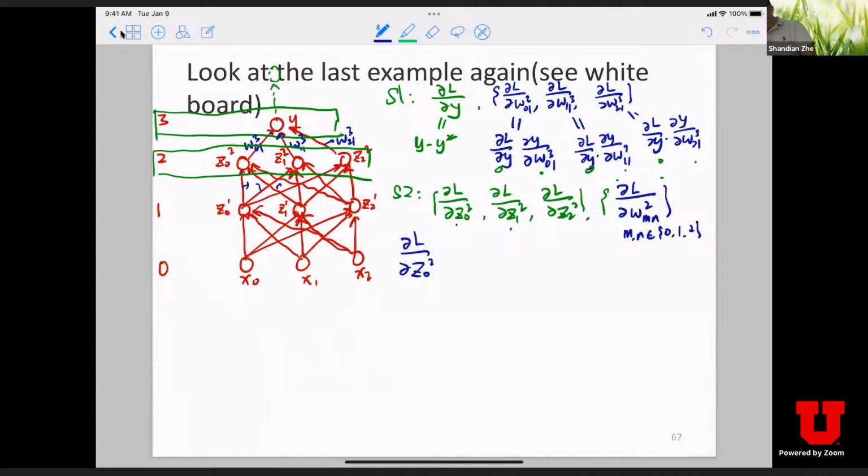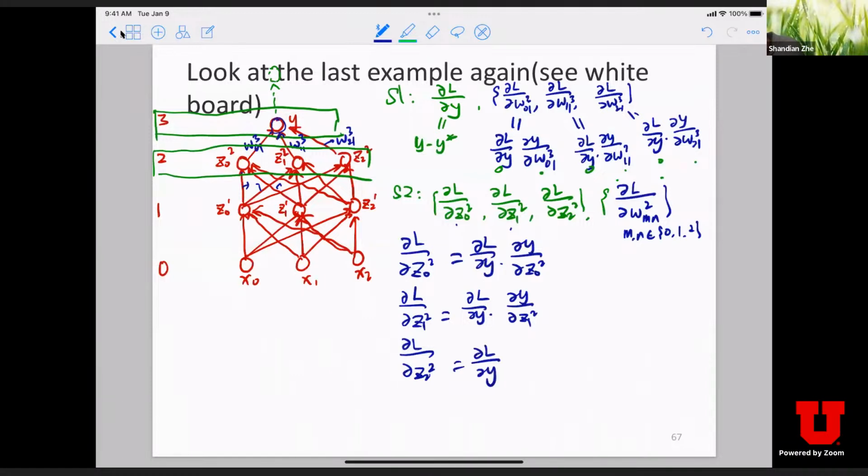If L is a function of Y, right? That means you can just compute partial L over partial Y, and then times partial Y over partial Z02, right? And similarly, we will compute partial L over partial Z12, it would be partial L over partial Y times partial Y over partial Z12, and partial L over partial Z22 equals partial L over partial Y times partial Y over partial Z22, right?